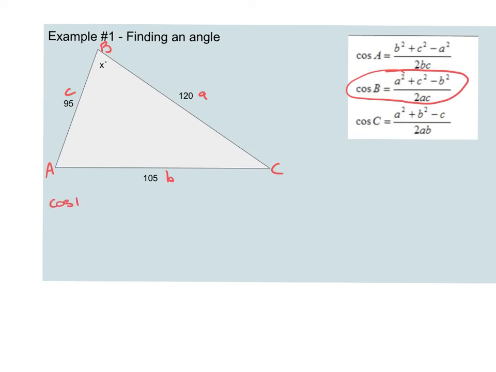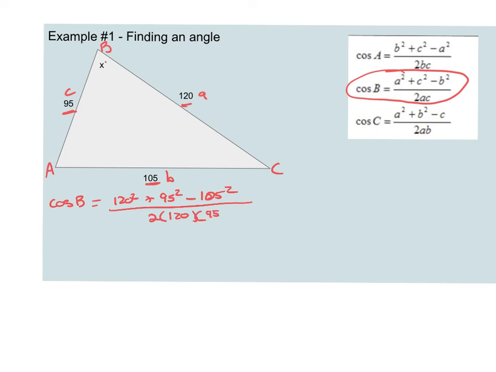The cosine of B is equal to A squared plus C squared minus B squared, divided by 2 times A times C, like that.